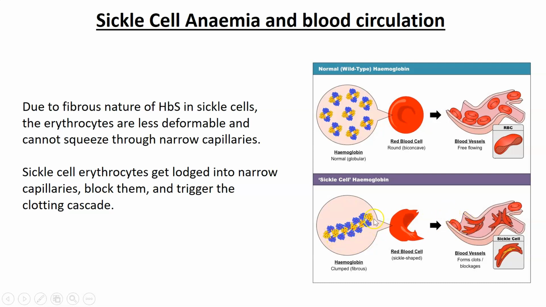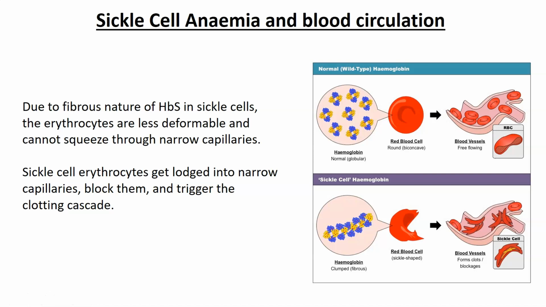The problem with sickle cell disease is not only are they ineffective in distributing oxygen properly, but they don't have the same flexibility as normal red blood cells. Because of that, they tend to get trapped in very small capillaries. They get trapped, they clog up, and that can initiate the clotting cascade.